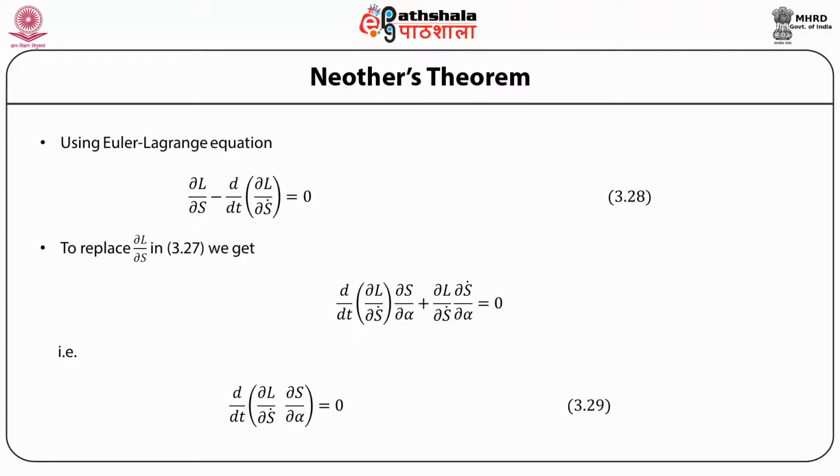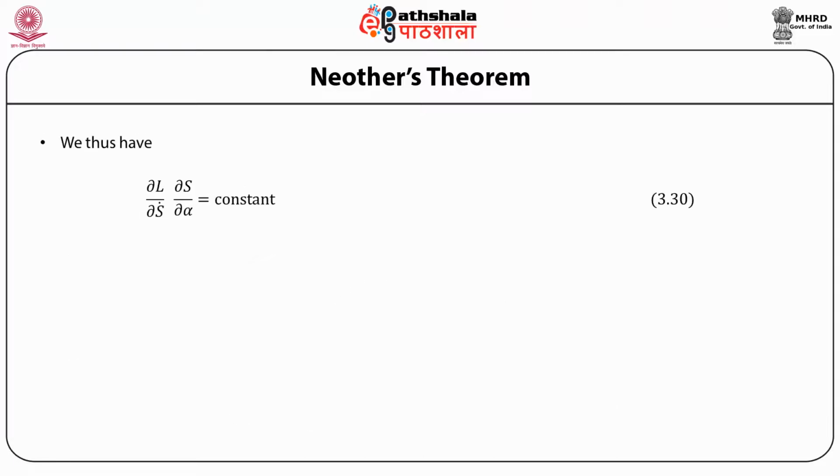We get the total time derivative of the partial derivative of L with respect to Ṡ multiplied by ∂S/∂α, plus ∂L/∂Ṡ into ∂Ṡ/∂α, is equal to 0, which can be written as d/dt of (∂L/∂Ṡ · ∂S/∂α) equal to 0. So we thus have the product of the partial derivative of L with respect to Ṡ with the partial derivative of S with respect to α a constant.